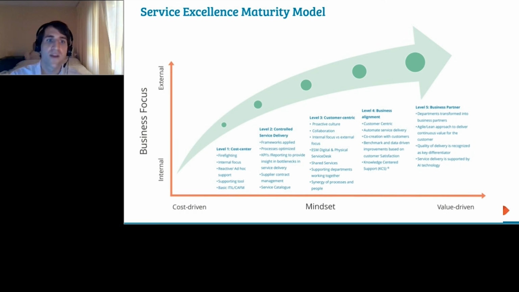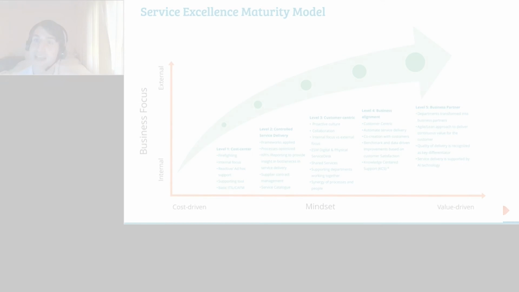Okay, so there's a broad overview of the different levels that you might expect to find yourself at. And for the most part, when we meet our education customers for the first time and they're switching service management tools, they're typically somewhere between a level 1 and a level 2.5. So they're trying to get to a customer-centric approach, but they're still working through the processes of getting their heads out of firefighting.